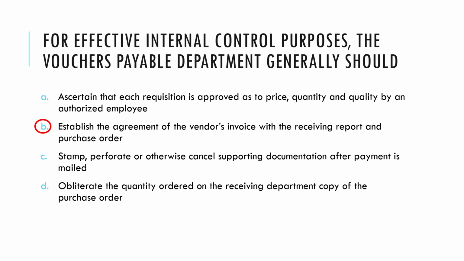So the answer to this is B. Now, when we talk about stamping, perforating, or otherwise canceling supporting documentation after payment is mailed, actually this may also be done in the accounts payable department, but generally it is performed under the treasury department. Letter D, obliterating the quantity ordered on the receiving department copy of the purchase order, is done in the receiving department. So the answer to this is B.